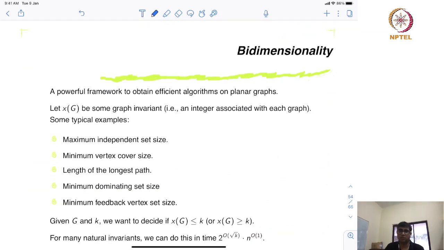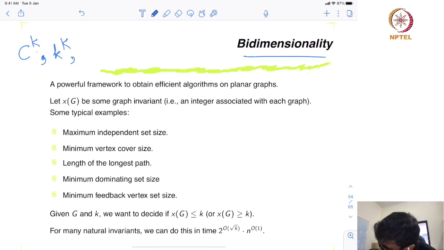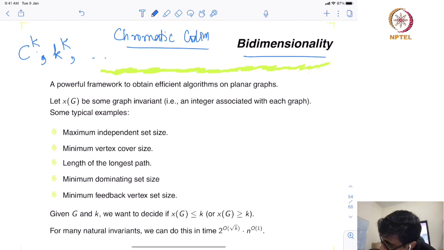But this is the one thing we have not talked about, and let's spend the next 10-15 minutes on what is called bidimensionality. Up until now we have been designing algorithms with running times either c to the power k or k to the power k, but you would have seen an algorithm via chromatic coding, where we design an algorithm with running time 2 to the power little o of k.